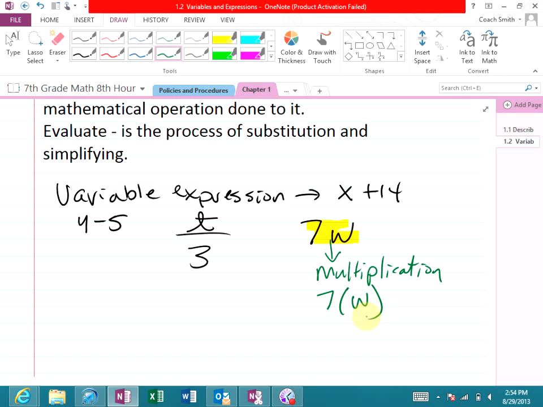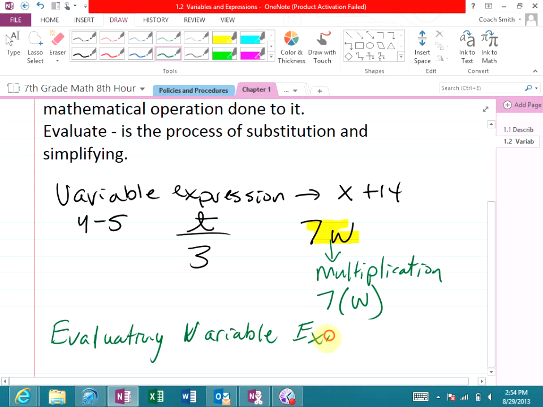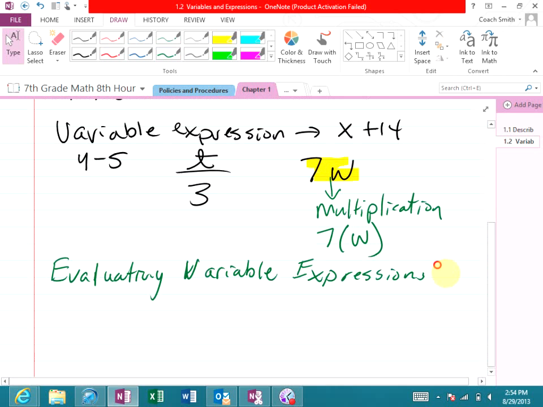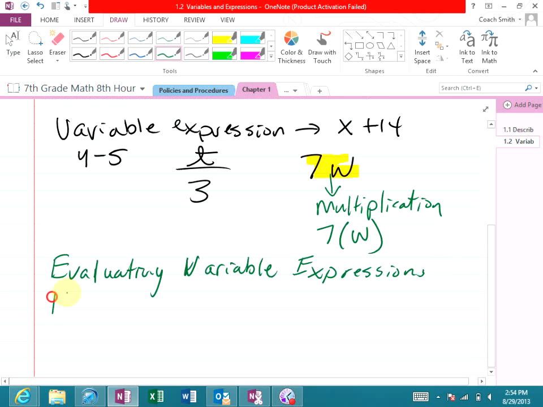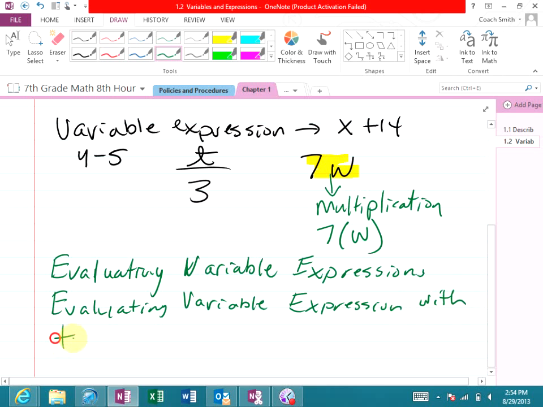Okay? Basically what we're going to talk about today is evaluating variable expressions. Besides evaluating variable expressions, we're also going to talk about evaluating variable expressions with two variables.